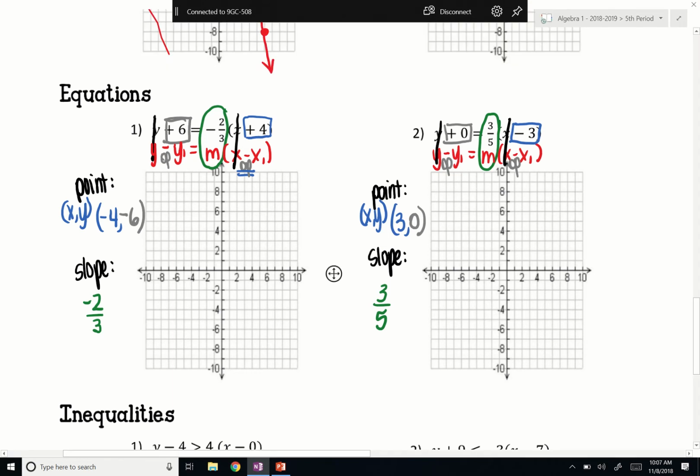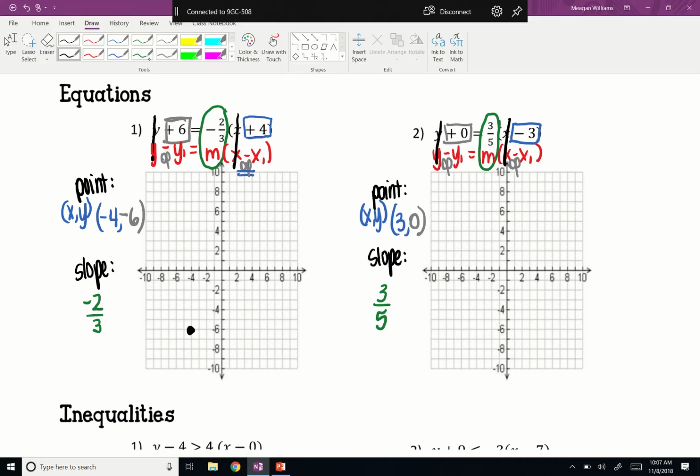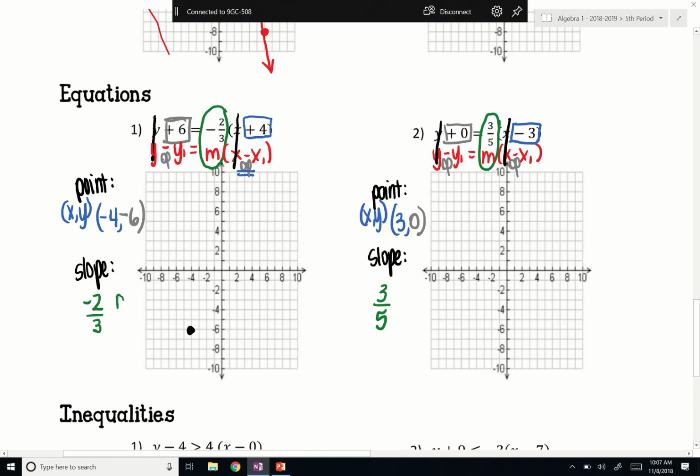Let's go graph the point. Where do I start? Let's go on number 1 first. Which one? -4, so I'm going to go left 4, then where? Down 6. Remember, it's a -6. Okay, my slope is what over what? Rise over run. So my rise is -2.